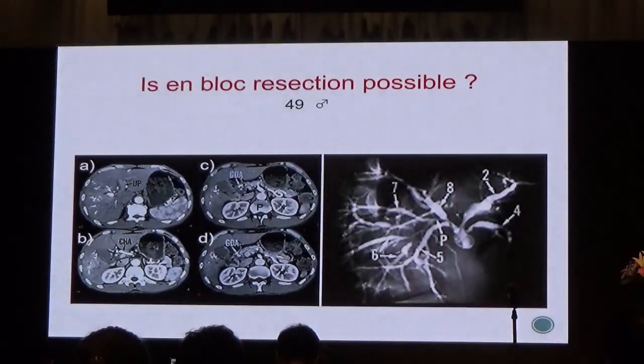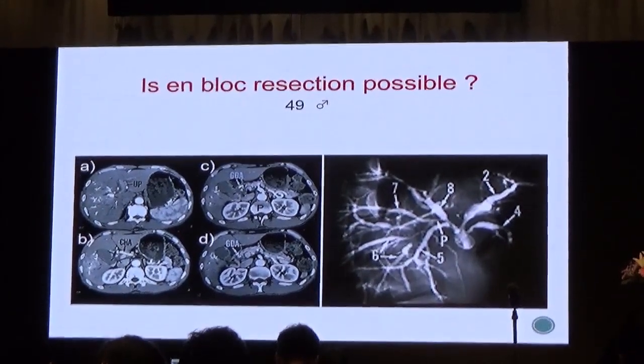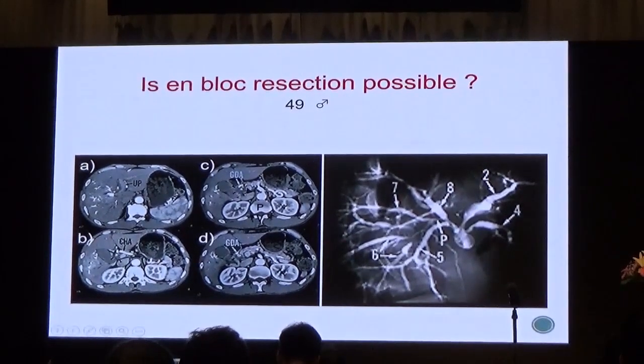And I will show you the actual case of a very advanced case, which was treated by very advanced surgical techniques. Here you see, CT shows a diffuse cancer invasion along the portal vein here at the hepatic hilum and down to the confluence near the splenic vein junction.